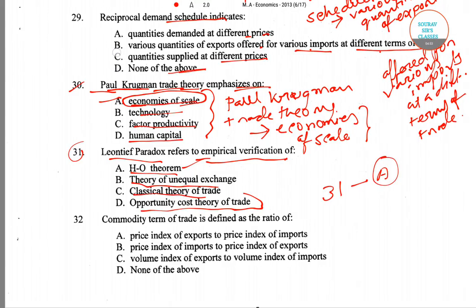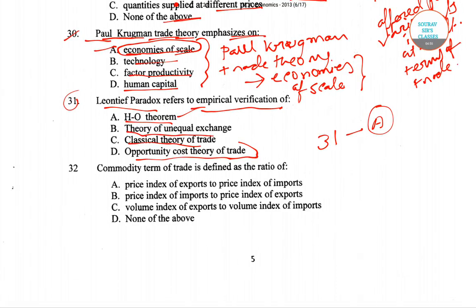Now we'll go to the next question, which is question number 32. It is asked that commodity terms of trade is defined as the ratio of, four options are given. Option A, that is price index of export to price index of import.